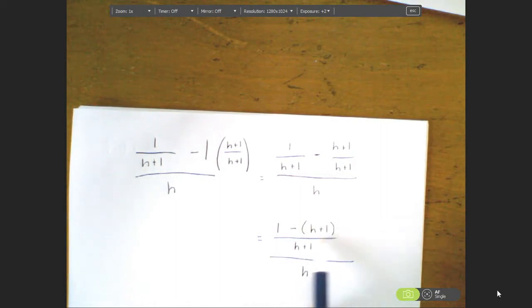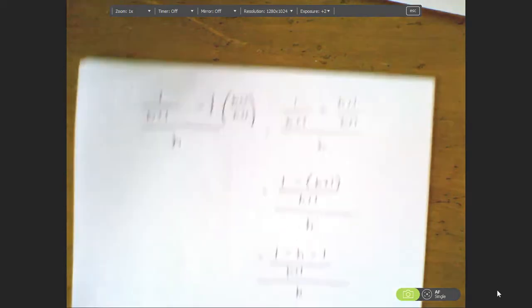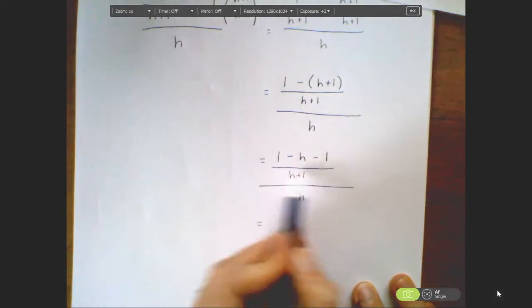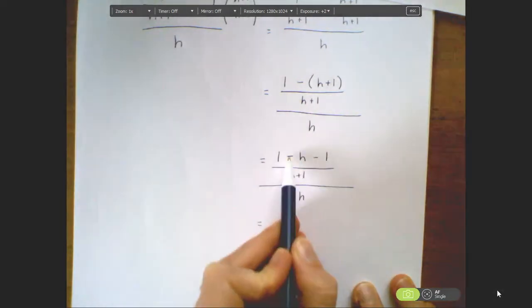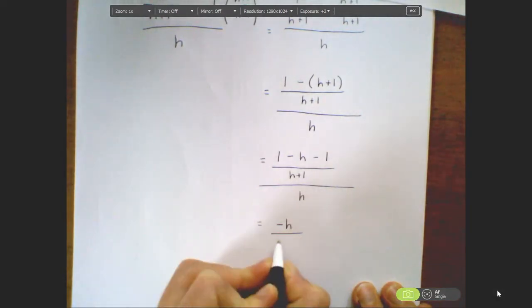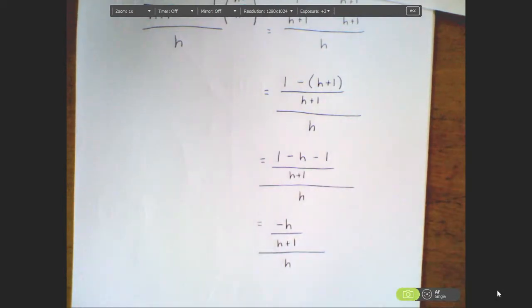It's this whole quantity of h plus 1 being subtracted, so I can distribute this subtraction to rewrite this as 1 minus h minus 1 divided by h plus 1 all over h. And again, this numerator simplifies: 1 minus 1 leaves me with just a negative h on top. Now we're getting somewhere. Negative h divided by h plus 1, all divided by h.